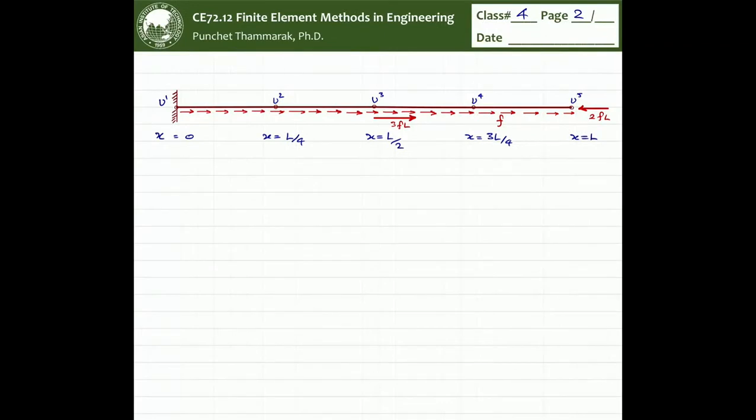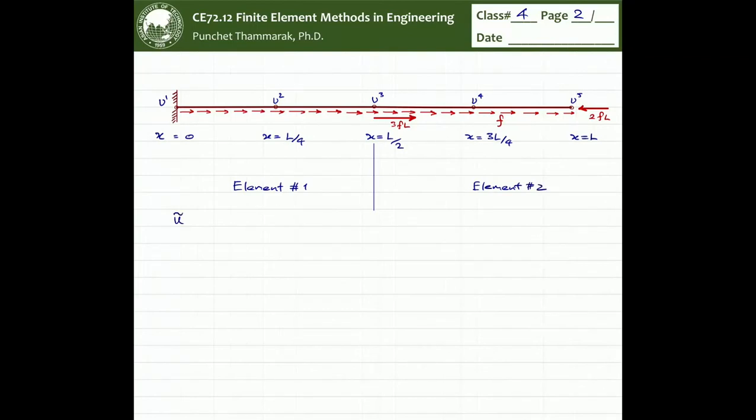Okay. So first of all, we discretize the problem into two elements. Element number 1 and element number 2.